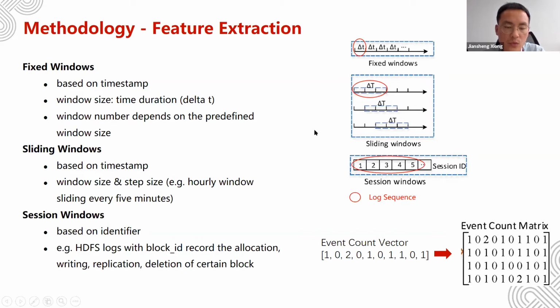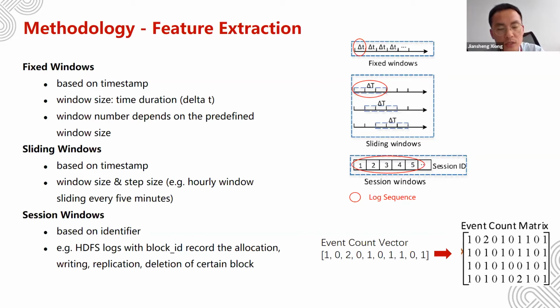To do so, windowing is applied to divide a log dataset into finite chunks. We can use 3 different types of windows: fixed windows, sliding windows, and session windows. Let's go to the first one, fixed windows. Both fixed windows and sliding windows are based on timestamp, which records the occurrence time of each log.